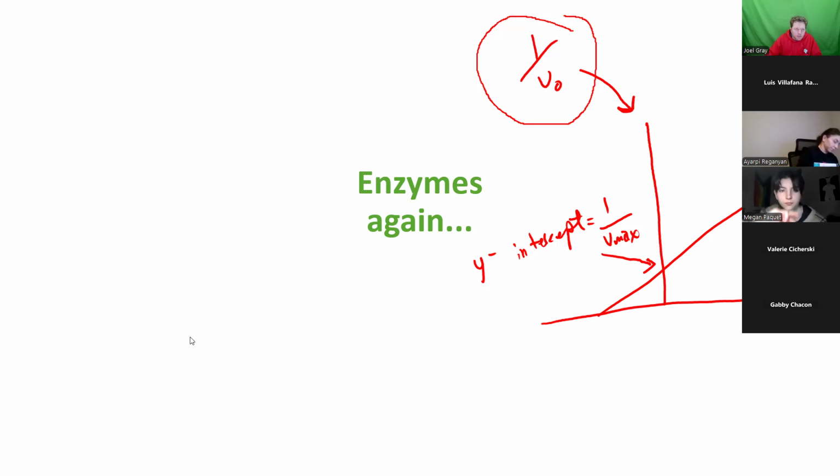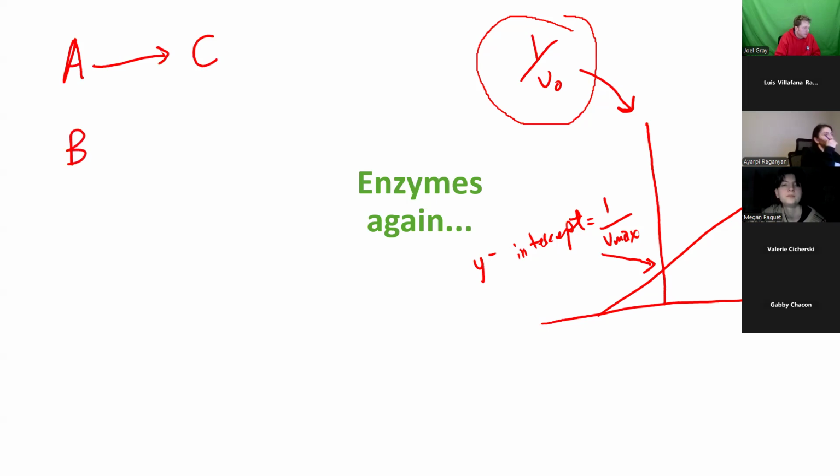The first question reads, imagine an enzyme with two potential substrates. So the enzyme catalyzes two reactions. One reaction takes reactant A and converts it to product C. This enzyme also takes reactant B and converts it to C. This enzyme's Km for A is 0.1 millimolar.